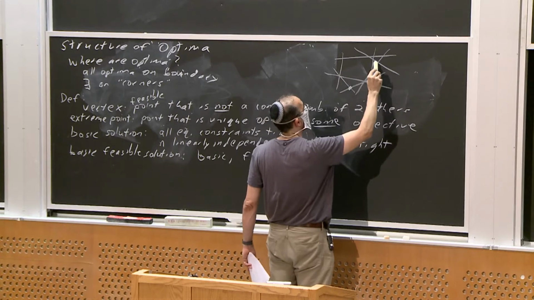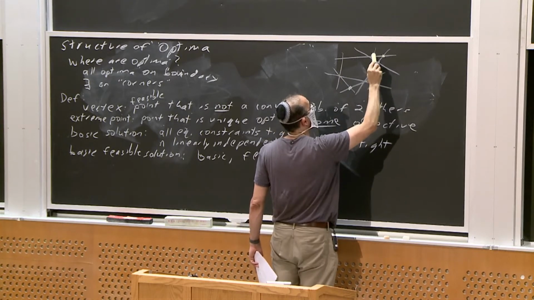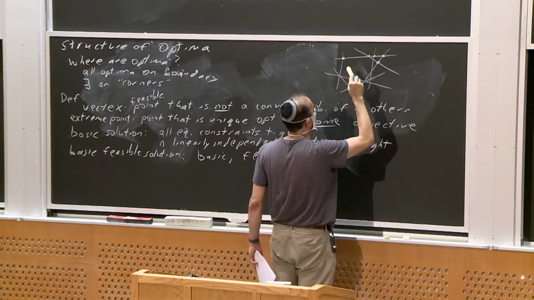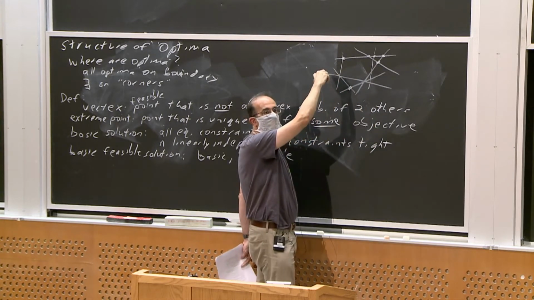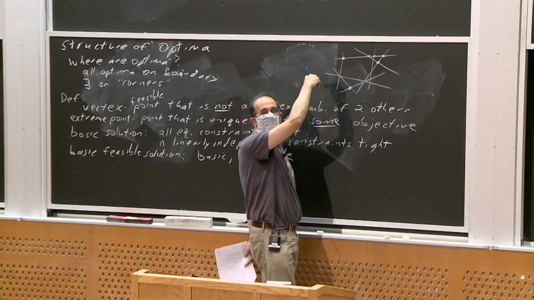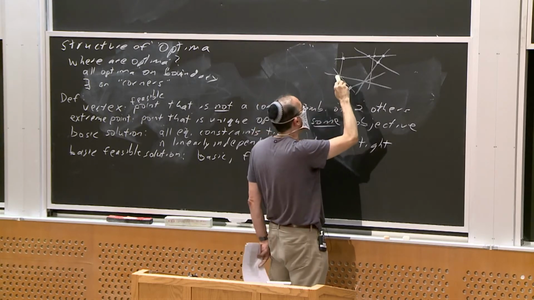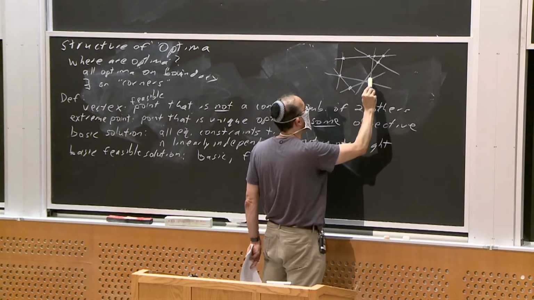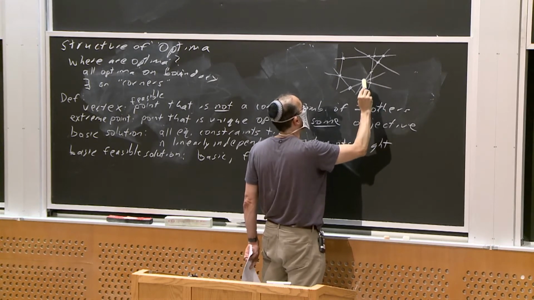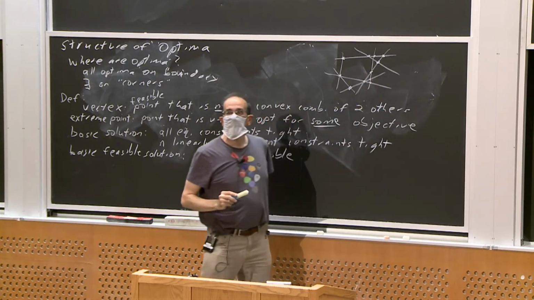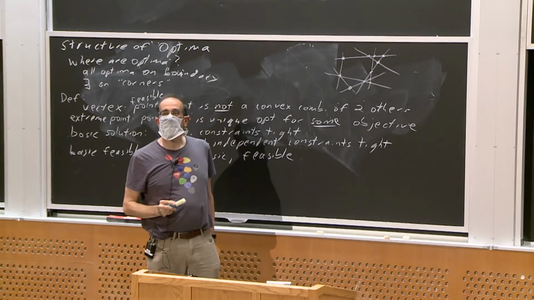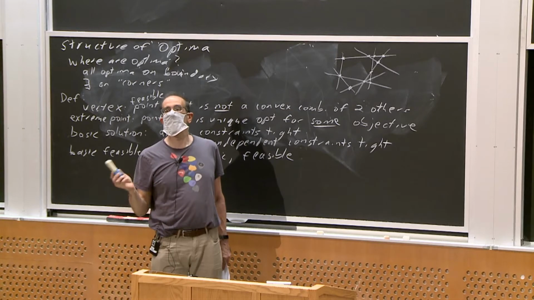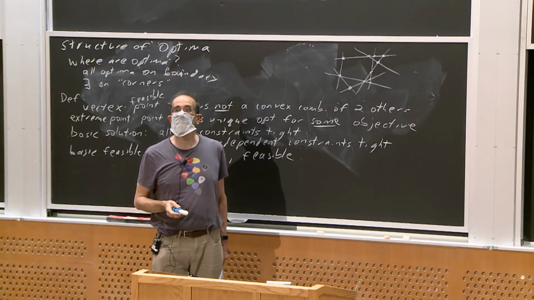I have 3 lines hitting at a point, but all of the intersections of two, here what I have is 3 constraints that are not linearly independent, right? But any 2 of them form a basic solution. So all of these are basic solutions, right? But not all of them are basic feasible solutions because some of them are outside of the polytope. They violate some other constraint that's different from the ones that form the intersection.